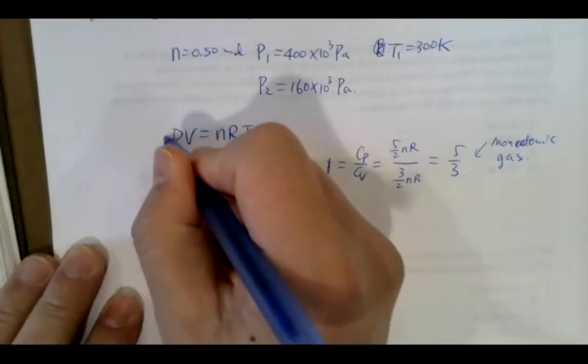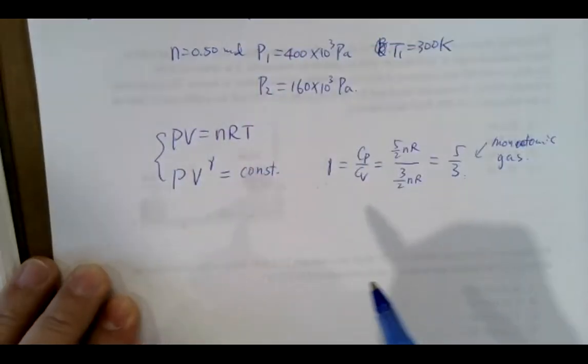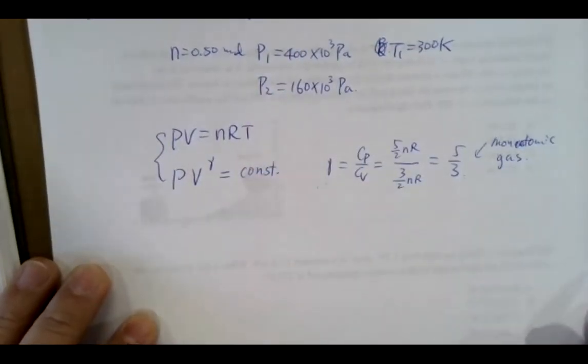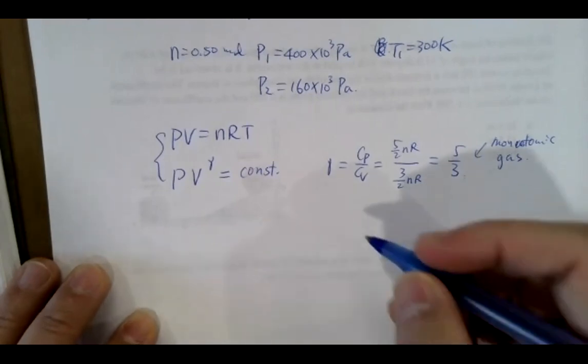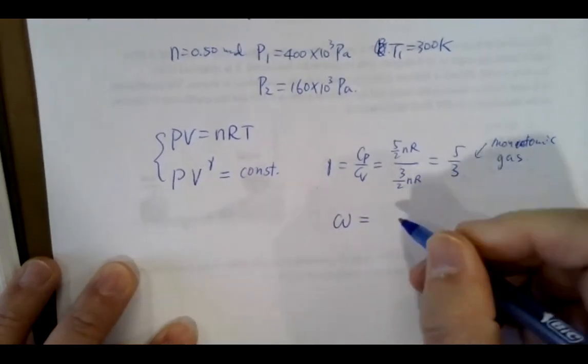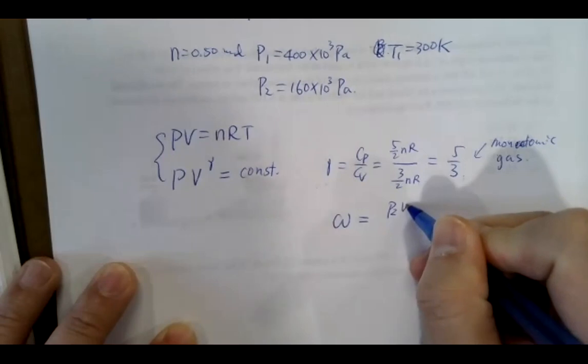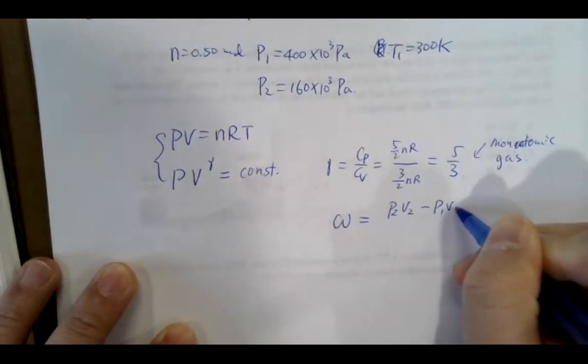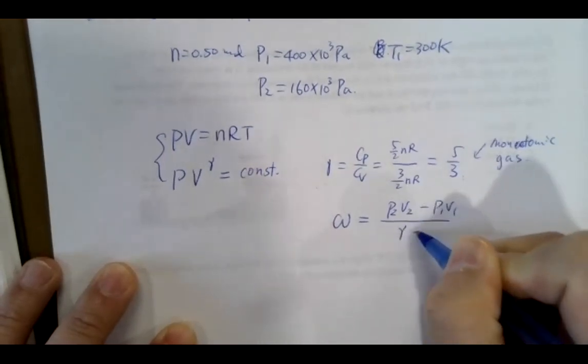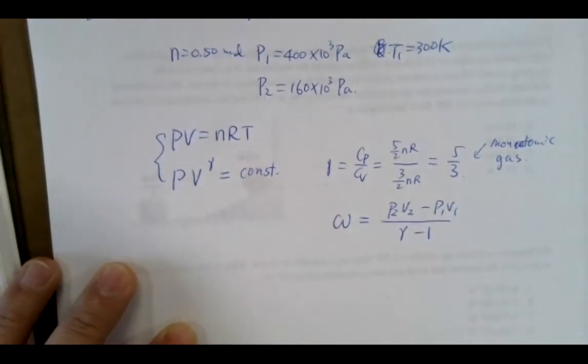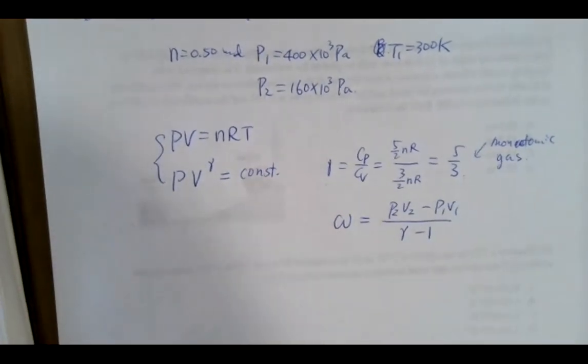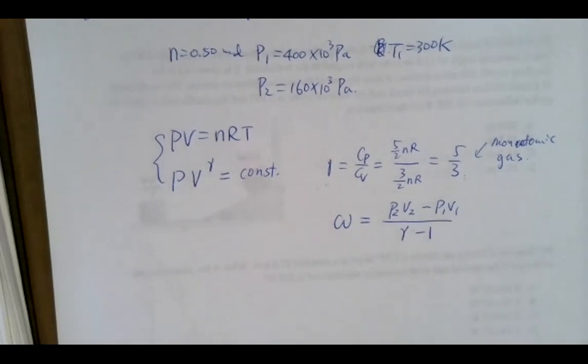Basically you will be starting with these two, and then the given numbers. If you want to calculate work, it will be P2 V2 minus P1 V1 over gamma minus 1. Was there a minus sign?